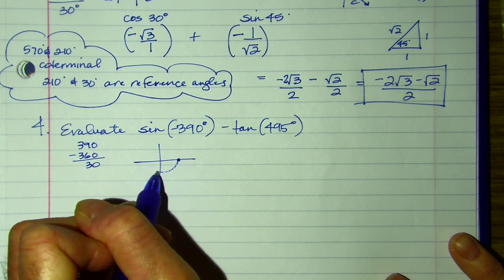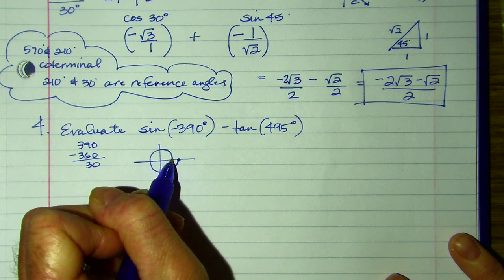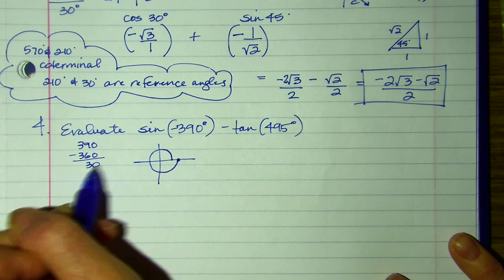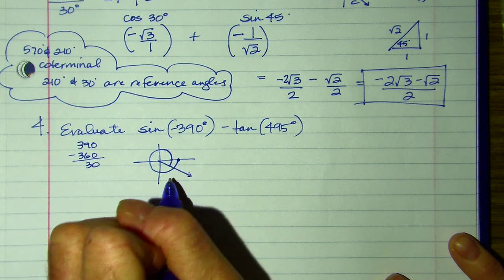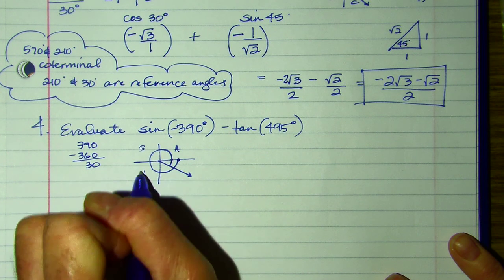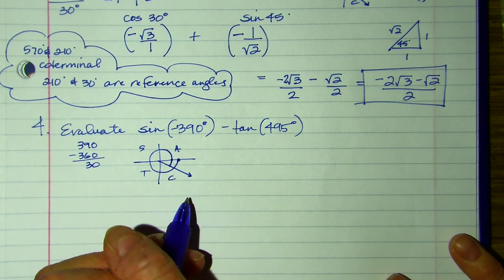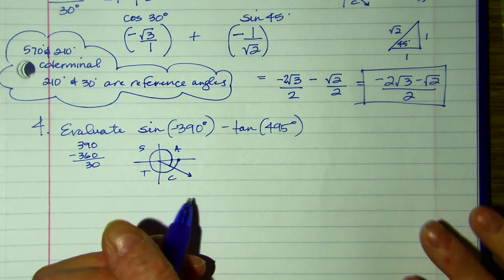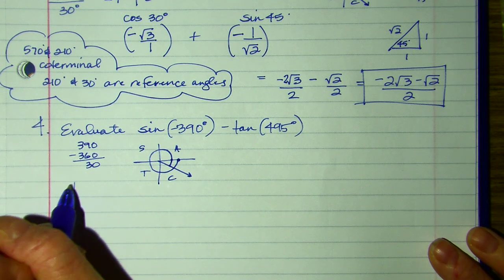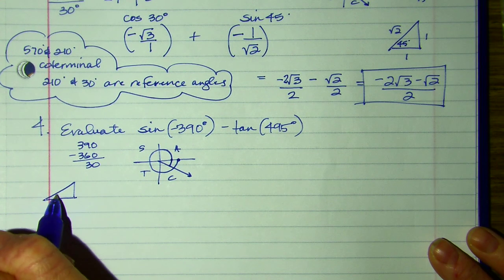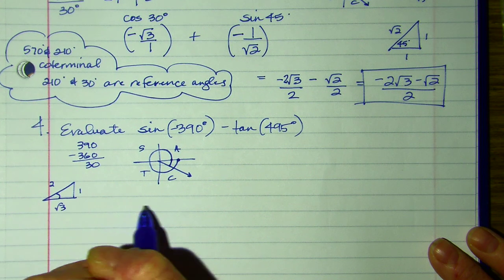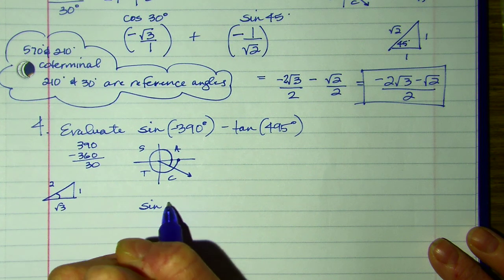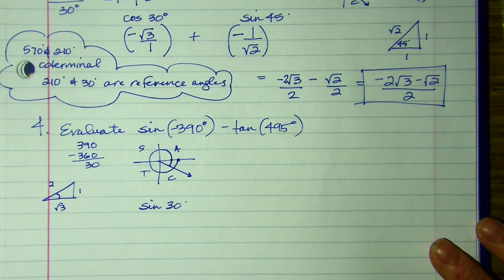So here's 360, right? And I'm going another 30 degrees, so that puts me here. I'm in all students take calculus, so only cosine is positive here, so I know it's going to be negative. And if you have your little reference triangles, I now know I'm evaluating the sine of 30 degrees because that's what I have remaining.